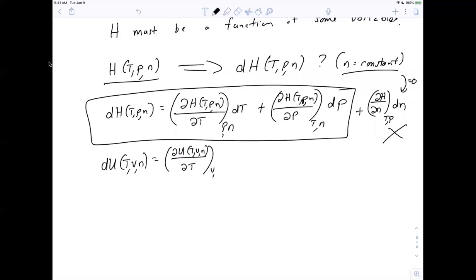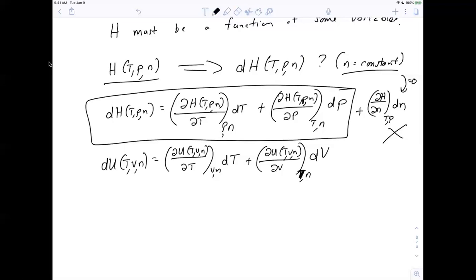But now we had volume instead of pressure. Okay, so that's what we did last class with the Joule free expansion, and I introduced you to that. Okay, so we see here some parallels.